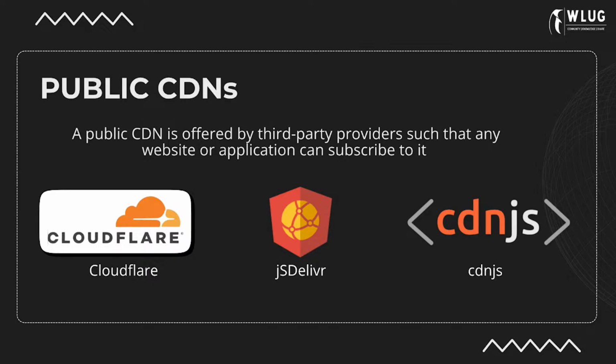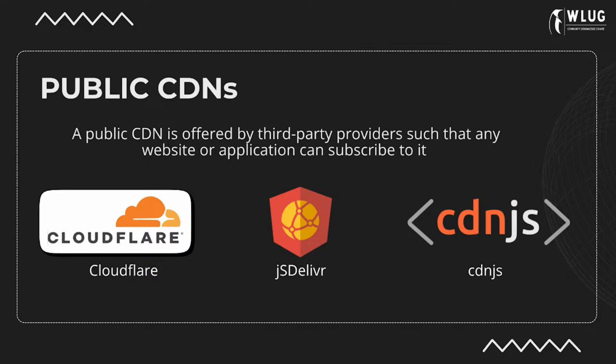And the unique thing about the public CDNs is that they're available to general users, whereas if you contrast them with private CDNs, they're only available to people of a certain organization. Some examples of public CDNs are Cloudflare, JS Deliver, and CDN.js. Out of these, JS Deliver and CDN.js are open source CDNs.